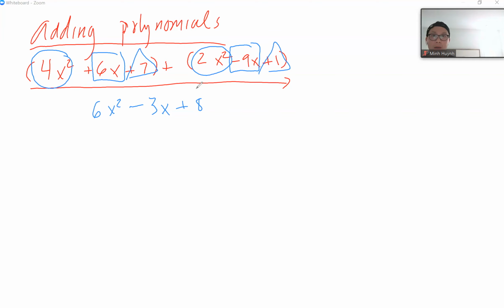Now, you have another case. They're gonna go ahead and write it vertically. What I mean is, it's kind of like old school addition that you might have done in elementary school, but they're just stacking it up.